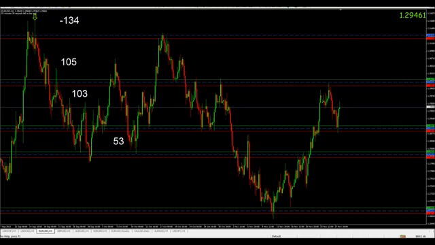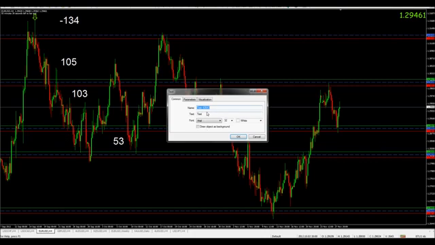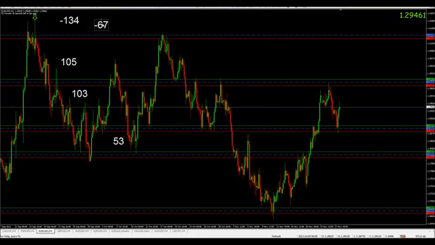Oh, from the wrong spot, sorry. 67 pips. And this one is also an extra 67 pips too.